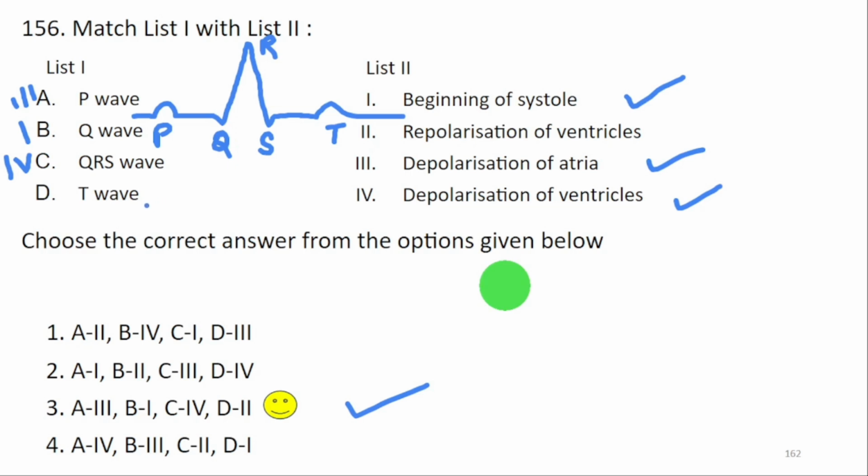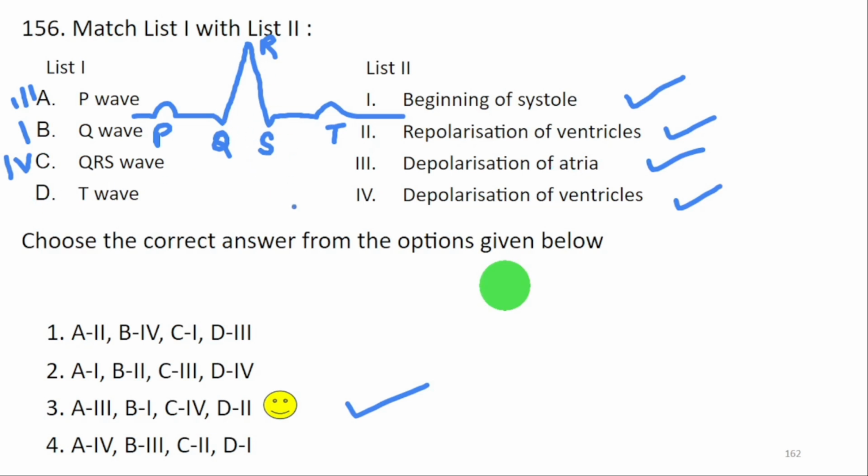So T wave will be repolarization of ventricles. Once the depolarization happens, it will be followed by repolarization of ventricles. So we can see separate waves for ventricular depolarization and ventricular repolarization. But we don't see anything for repolarization of atria because it gets masked by the QRS wave.